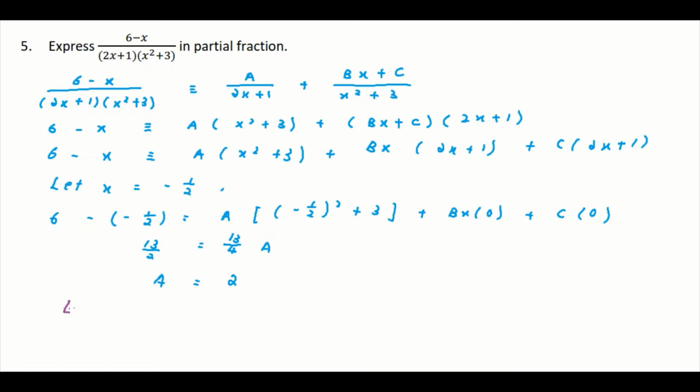So what I will try to do is equating the coefficient of x square. For the front part here, I don't have any x square, so the coefficient for the x square there is 0.